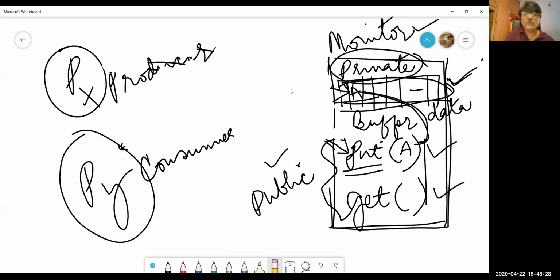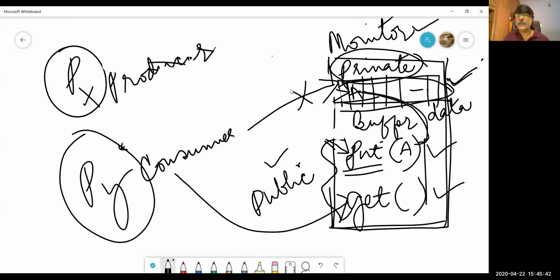So it cannot access the buffer directly, but indirectly it can access the buffer by invoking a function called get. Because get is a public function, it can be accessed from outside. This get function will remove the information from the buffer and give it to the consumer.